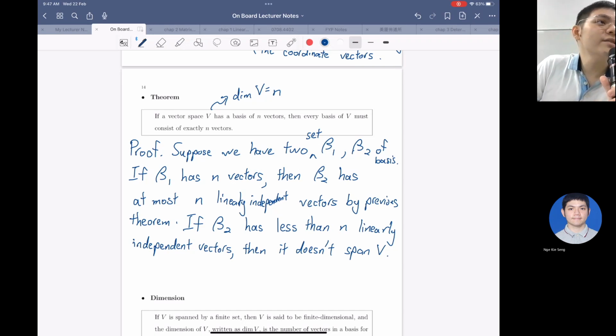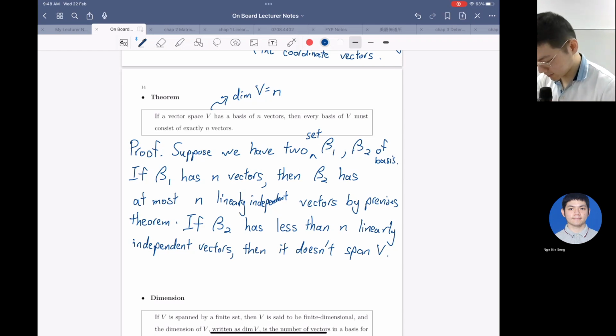Is this obvious or not? If less than n linearly independent vectors, then it doesn't span V.